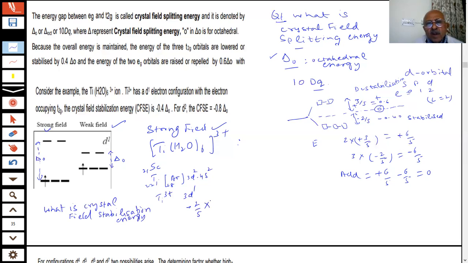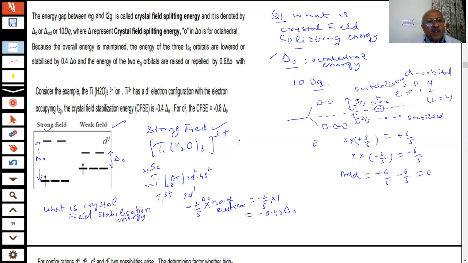One electron. Minus 2 by 5 delta zero into the number of electrons, which is 1. So what we are writing is minus 0.40 delta zero. Minus 0.40 delta zero is the crystal field stabilization energy of this complex, titanium hexaaqua 3+.